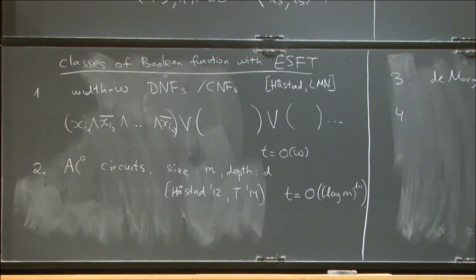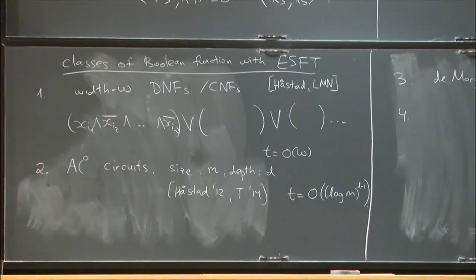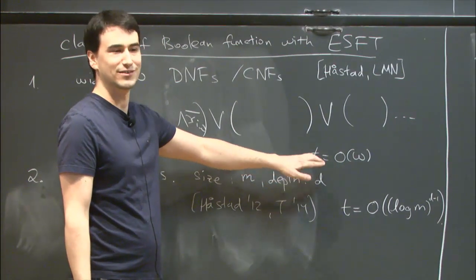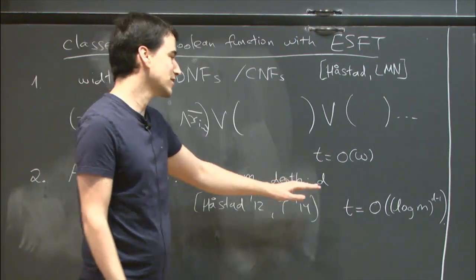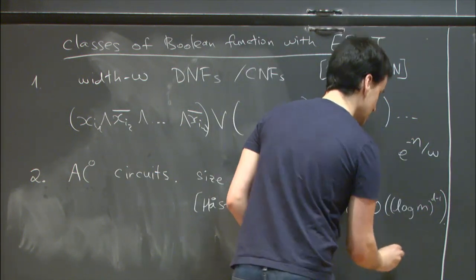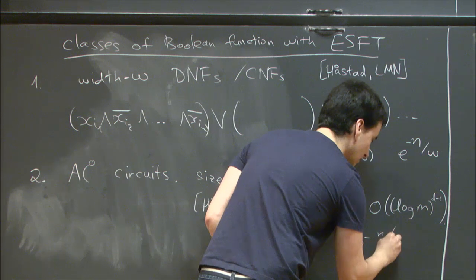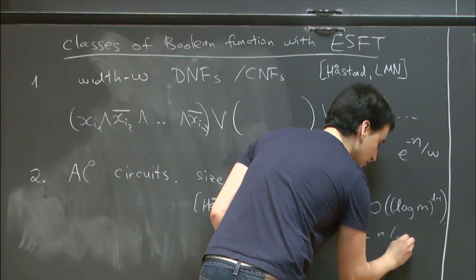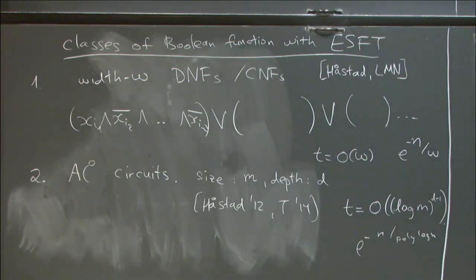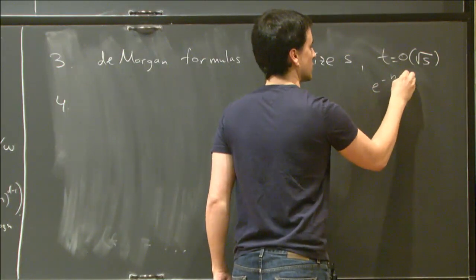The parity function has all its weight on the nth level. So this means that this thing has exponentially small weight on level, exponentially in n over w, and this is exponentially small in n over polylog n. And this is exponentially small in n over square root s.